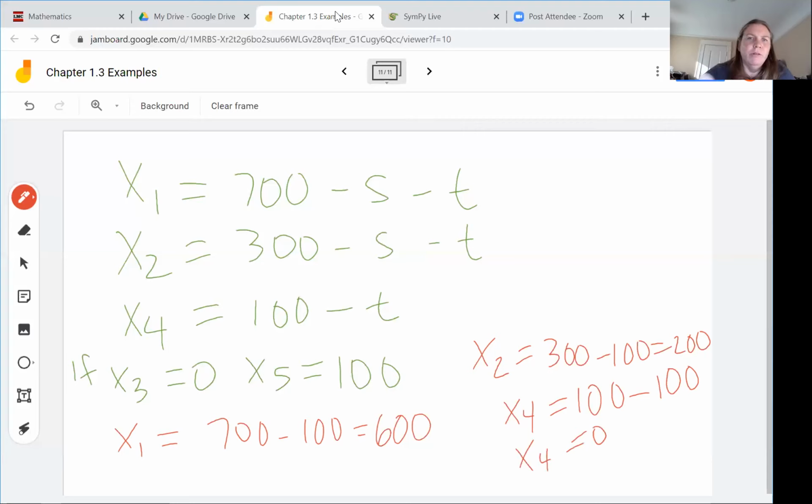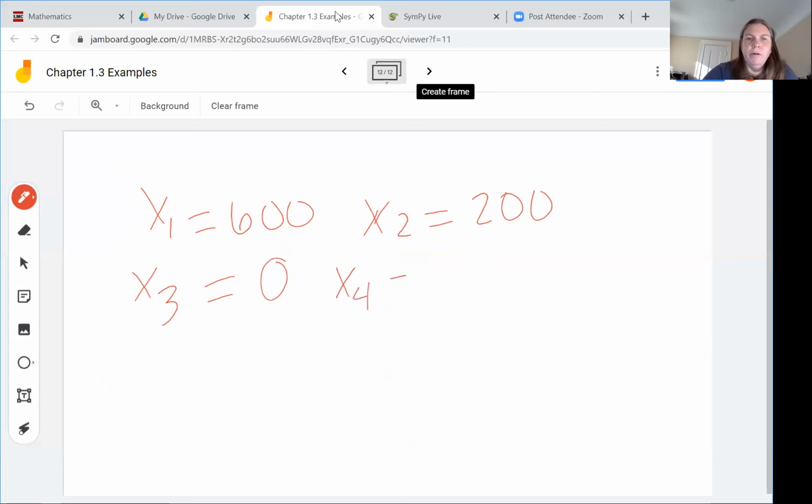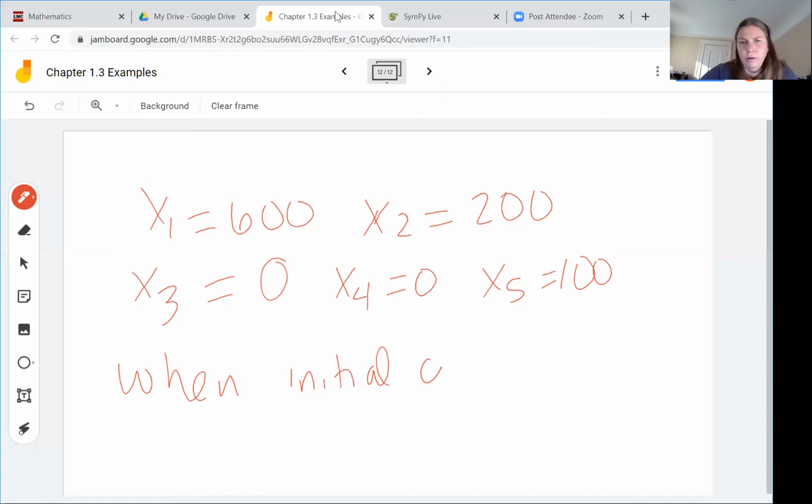So you could write all your solutions here as x1 equals 600, x2 equals 200, x3 equals 0, x4 equals 0, and x5 was 100 when the initial conditions are x3 equals 0 and x5 equals 100.